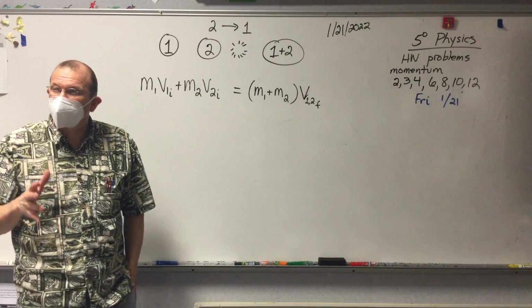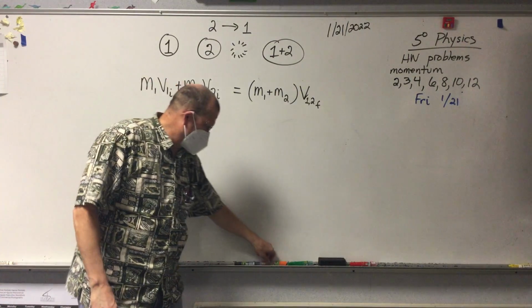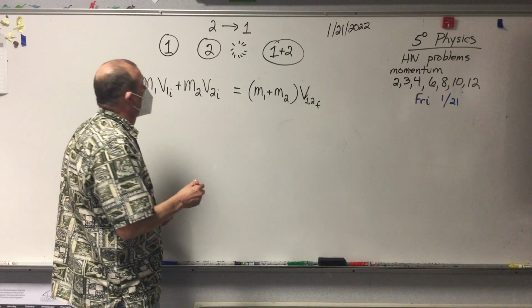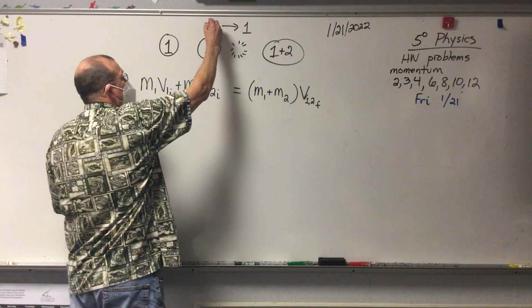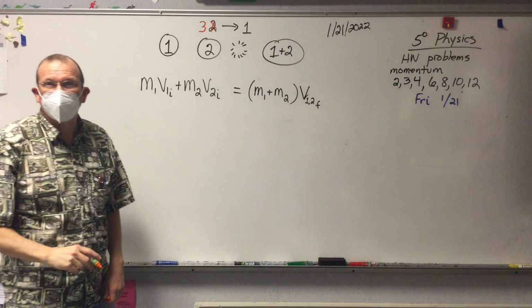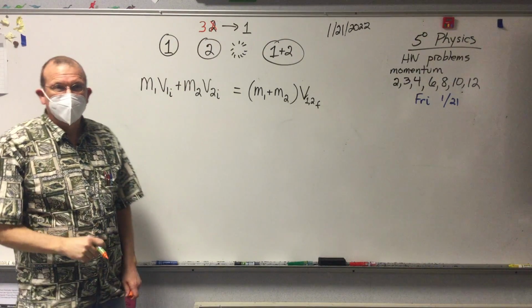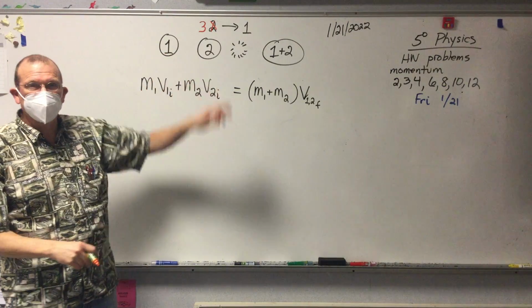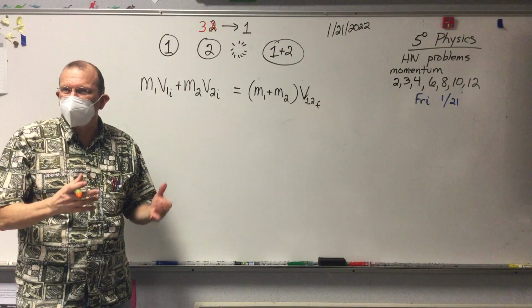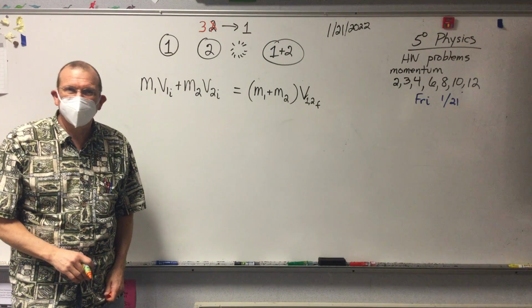Now we're going to see how flexible you are. Bringing out a different color. What if I said we have a 3-to-1? Can somebody tell me what to do with my picture to create the picture for a 3-to-1?